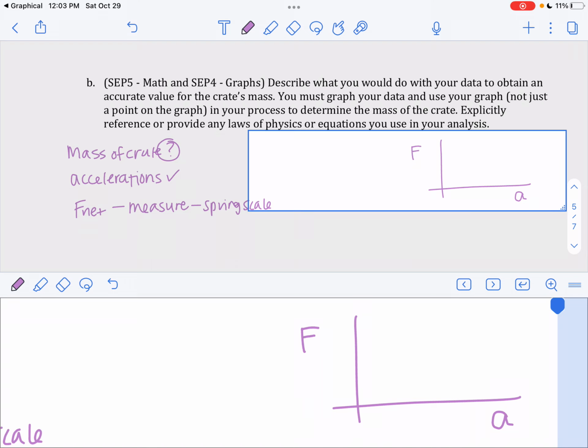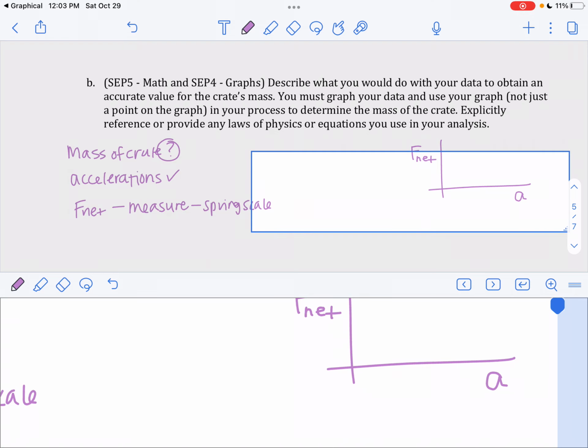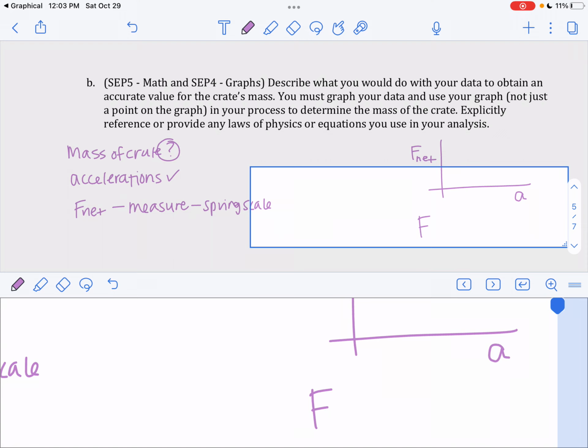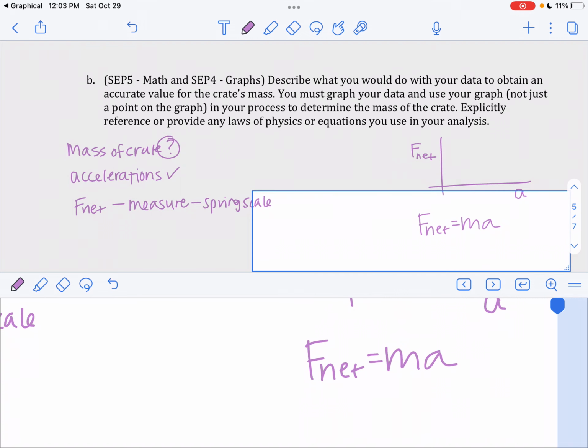And then F net on my y-axis because that's what I want to measure when I'm accelerating it at these different speeds. Well, I have an equation that relates F net and acceleration. And so I'm graphing F net on my y-axis, and I'm graphing acceleration on my x-axis. That means my slope is going to be the mass.